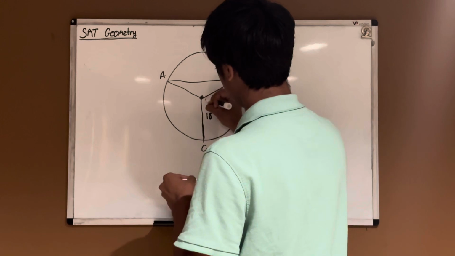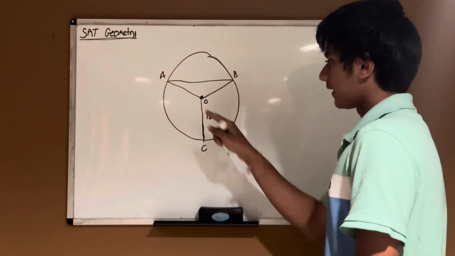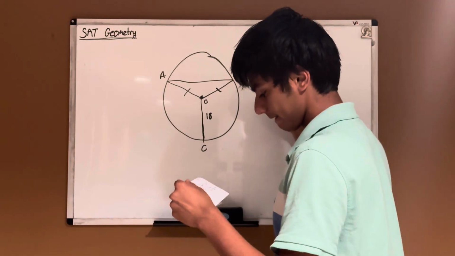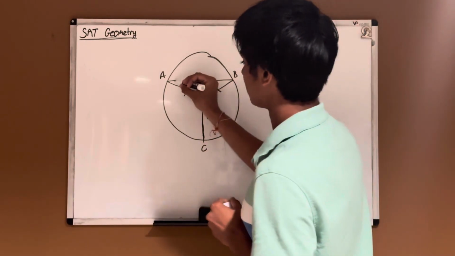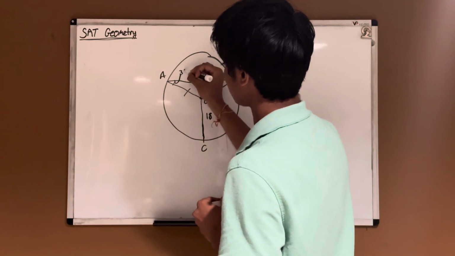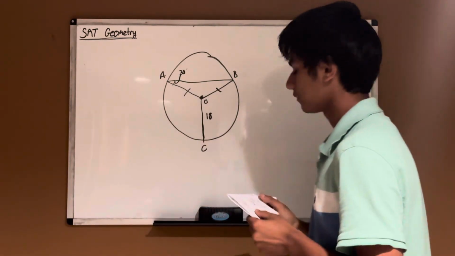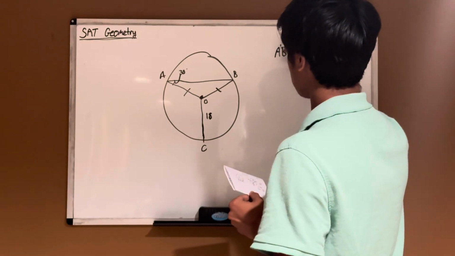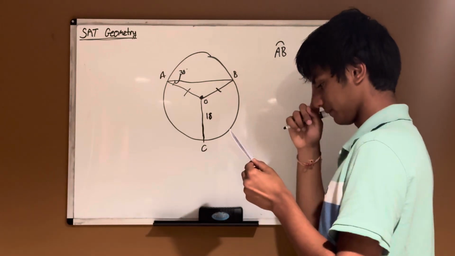Okay, call this C, call this O. So because these two are radii, this means this is equal and this is equal. And also, sorry, I forgot to say, this angle is also equal to 30 degrees here. Okay, and let's say we're trying to find the arc length AB.